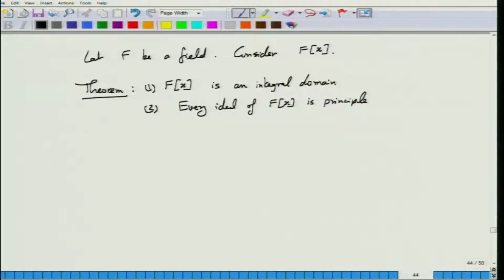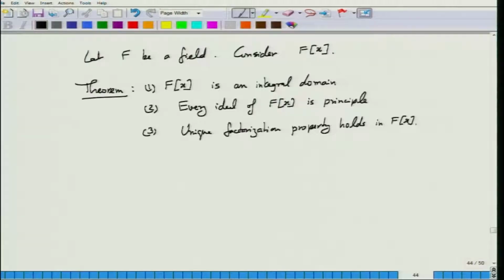Every ideal of F[x] is principal. Moreover, the unique factorization property holds in F[x].